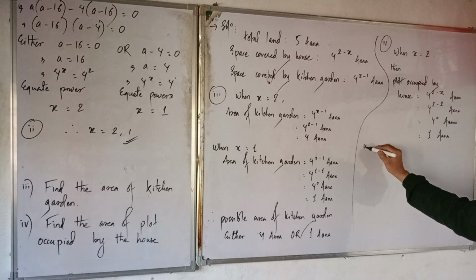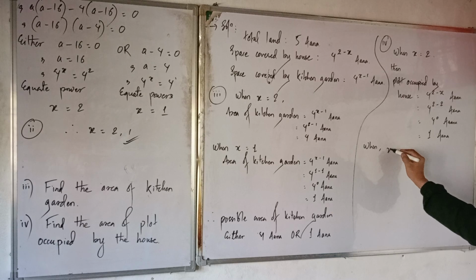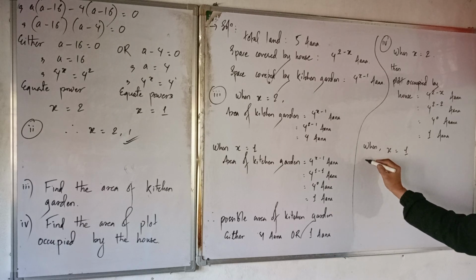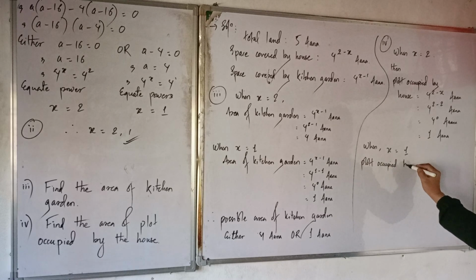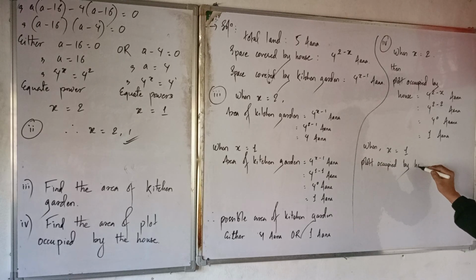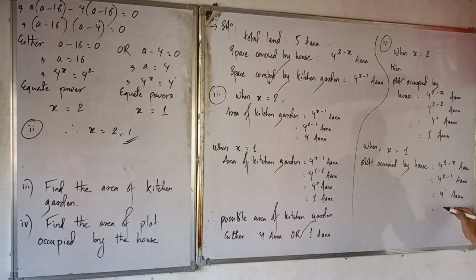But when x equals 1, then the plot occupied by the house will be 4 power 2 minus x Anna, that is 4 power 2 minus 1 Anna, that is 4 power 1 Anna, that is 4 Anna.